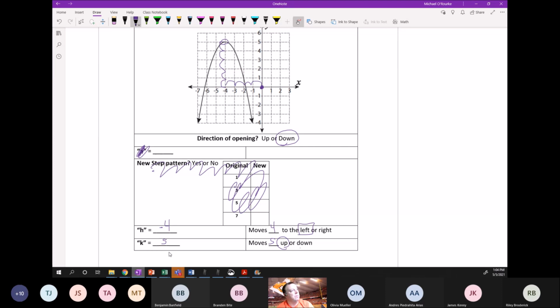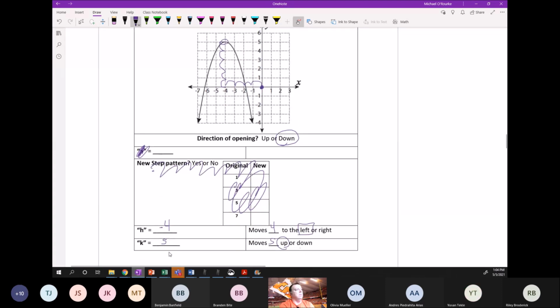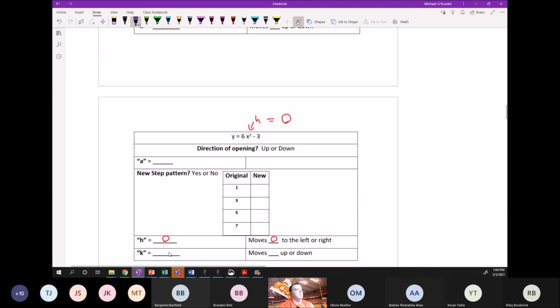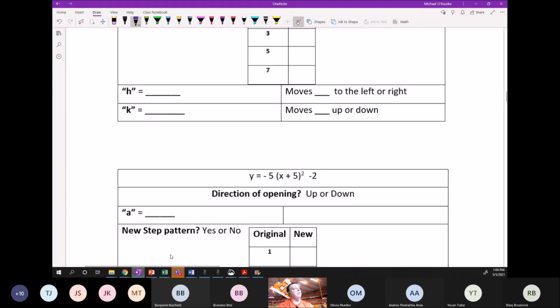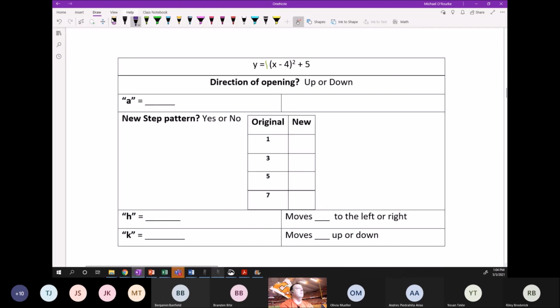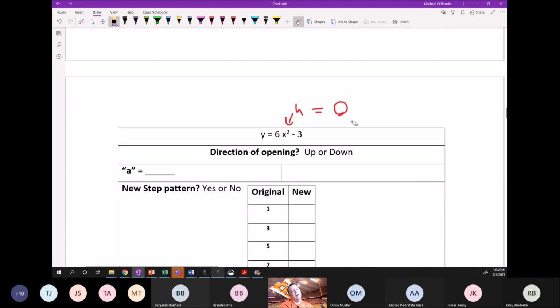Can you go up? I just remembered something about like if the A value is 1, it's something. Oh, okay. Yeah, so if there's no A value in front, like for this one down here, I said the H value isn't there, therefore H is 0.